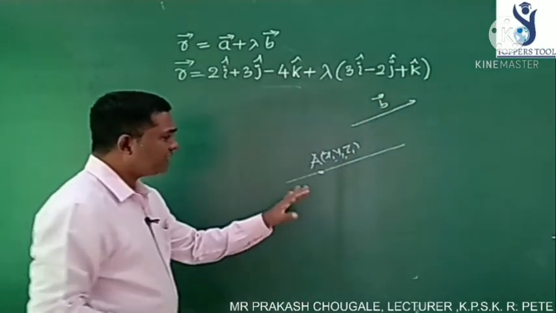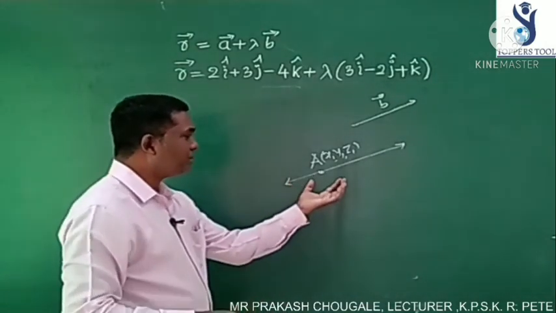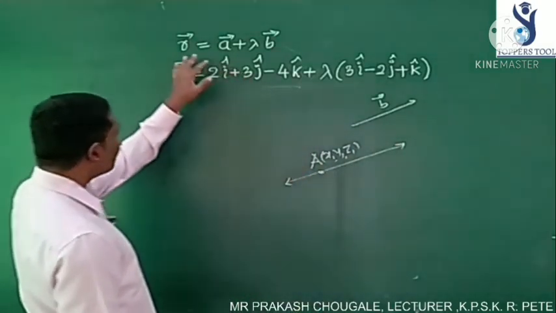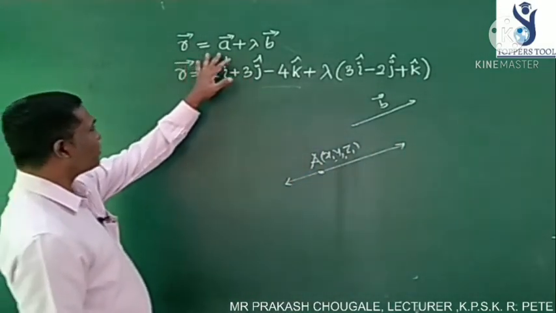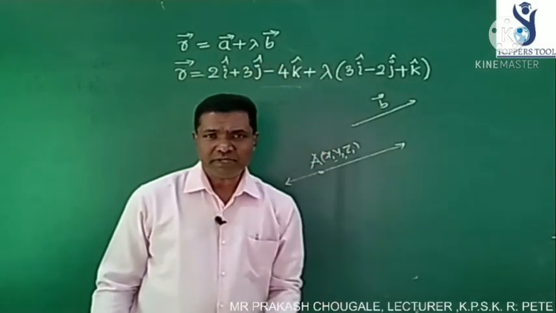We obtained the equation of such a line passing through a given point and parallel to a given vector, and that was this: vector r is equal to vector a plus lambda vector b.